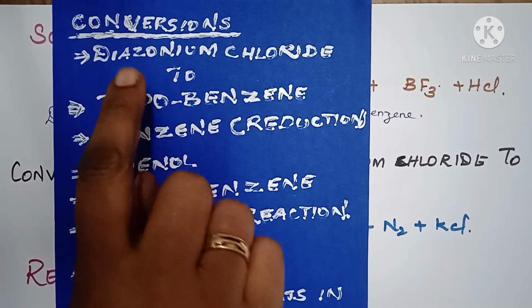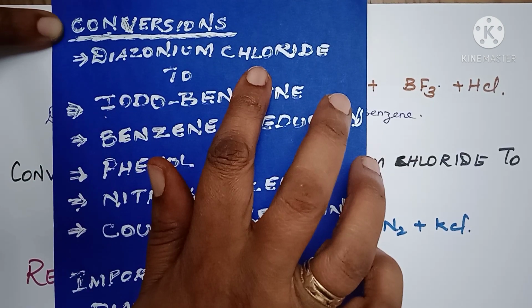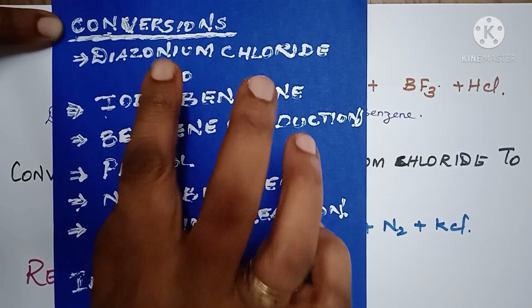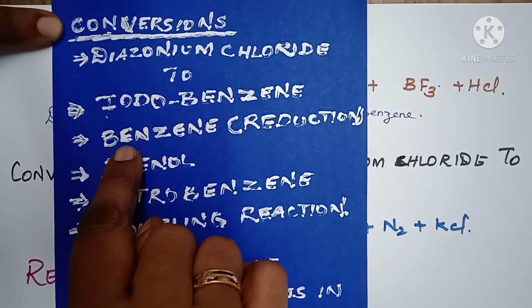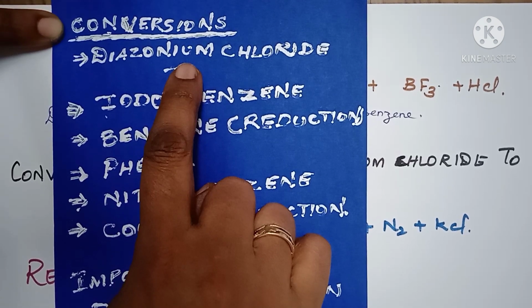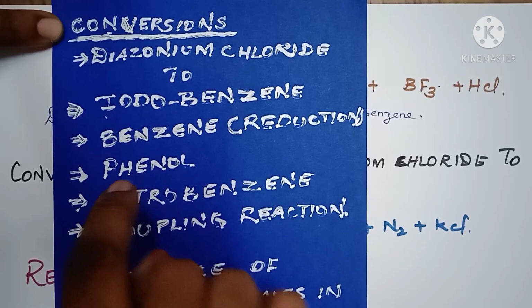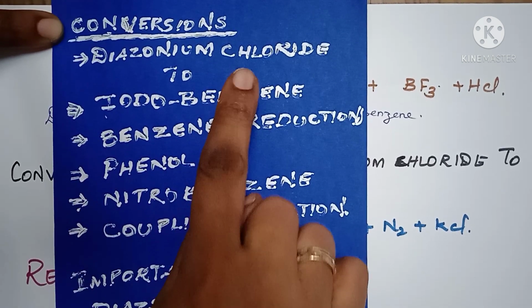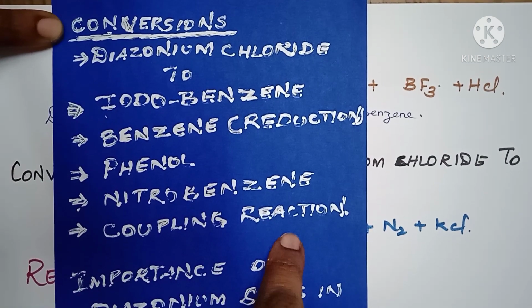Now we are going to discuss the conversion points. Benzene diazonium chloride converted to iodobenzene, just now we have seen. Another point, benzene diazonium chloride to benzene, that is a reduction point. Next one, benzene diazonium chloride to phenol and nitrobenzene, and the coupling reaction.